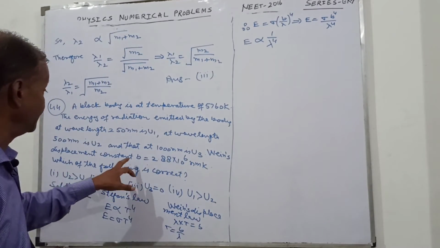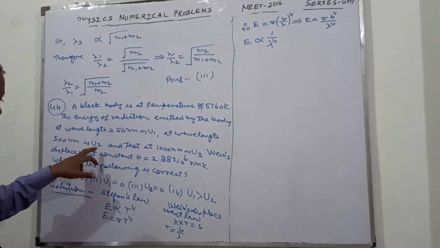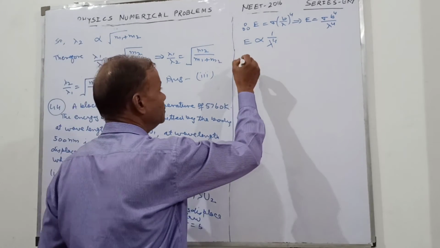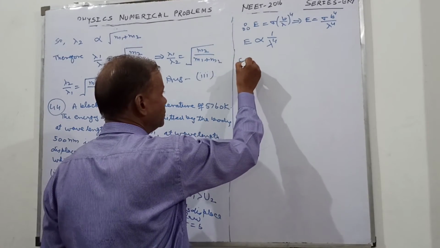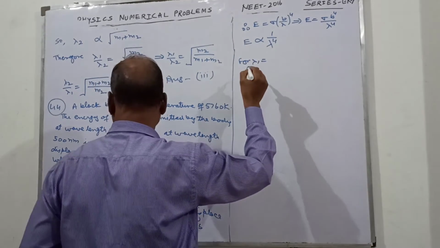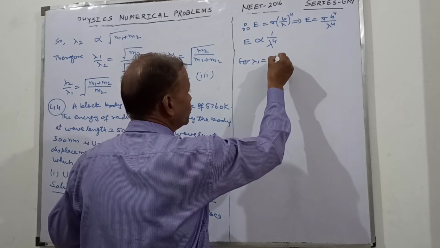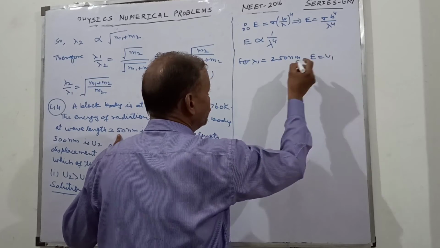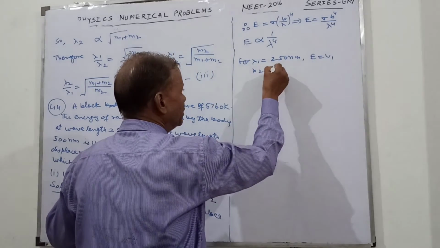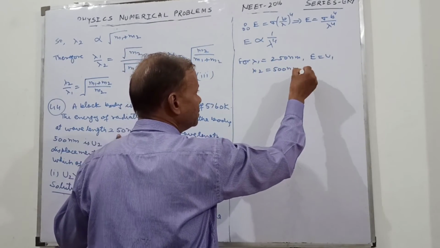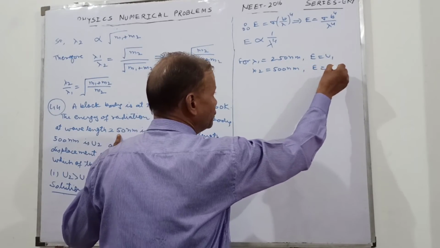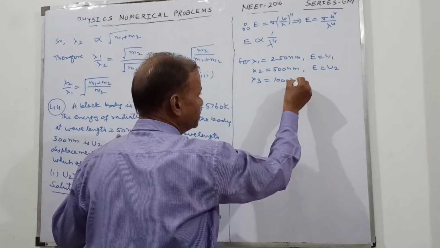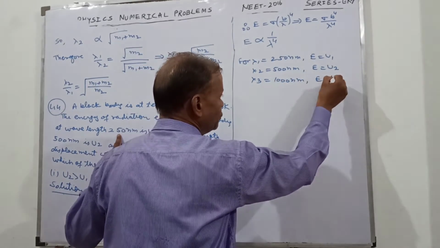And the minimum wavelength given here is this one, U1. So lambda 1 equal to 250 nanometer, E equal to U1; lambda 2 equal to 500 nanometer, E equal to U2; lambda 3 equal to 1000 nanometer, E equal to U3.